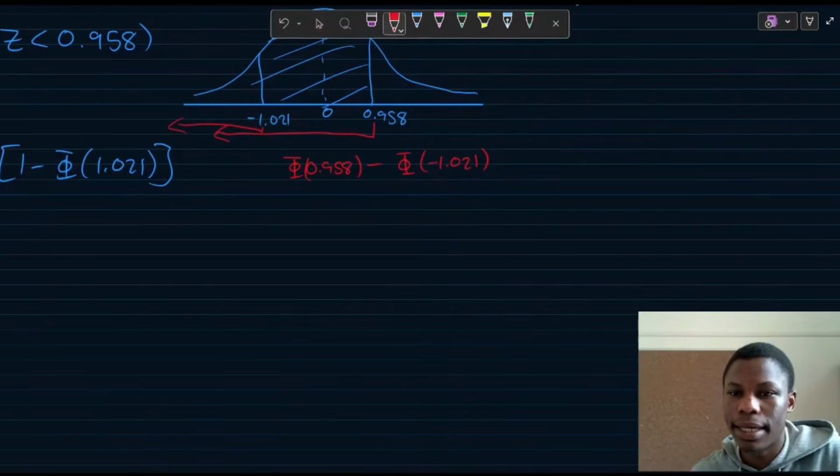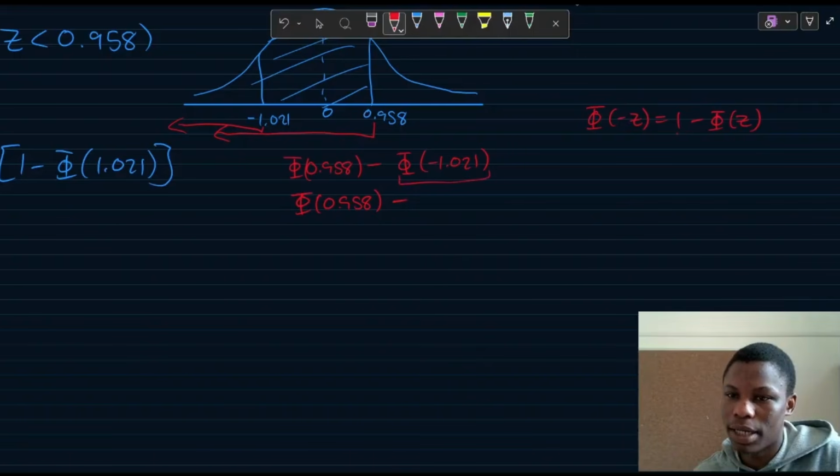There's this handy trick that says phi of negative z is equal to 1 minus phi of z. So with that in mind, that part becomes 1 minus phi of 1.021.